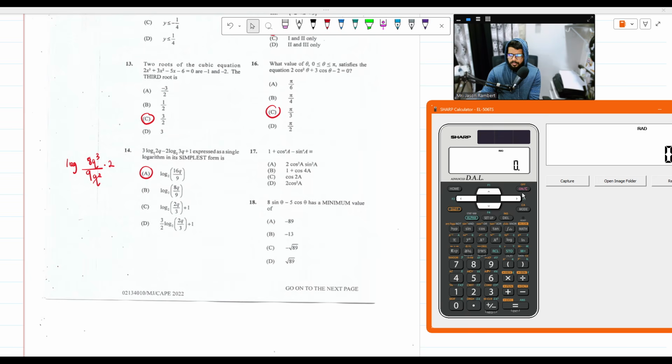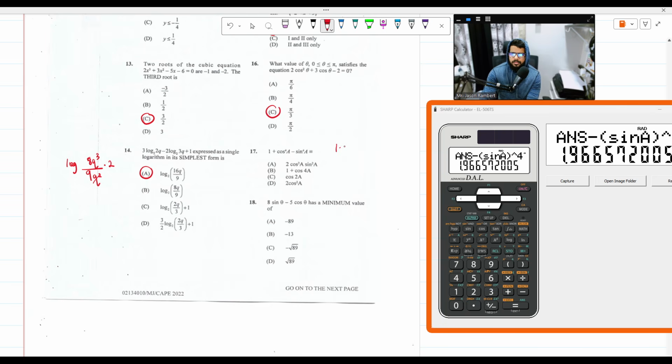No. All right, so 0.1258 something, and I'm going to store that in A. 1 plus cos to the power 4a minus sine to the power 4a. 1 plus cosine a to the power 4, take away sine a to the power 4 is equal to 1.966572005. Let me check and see what cos 2a is.